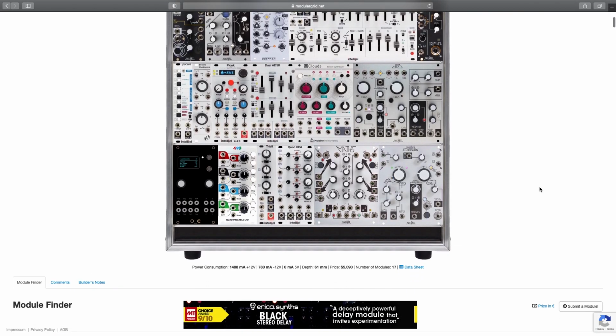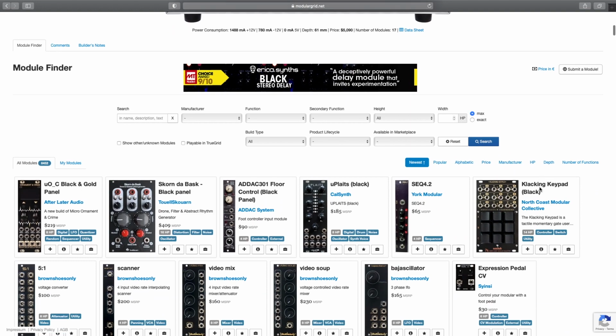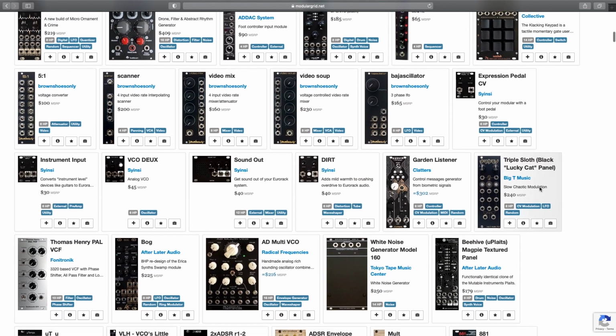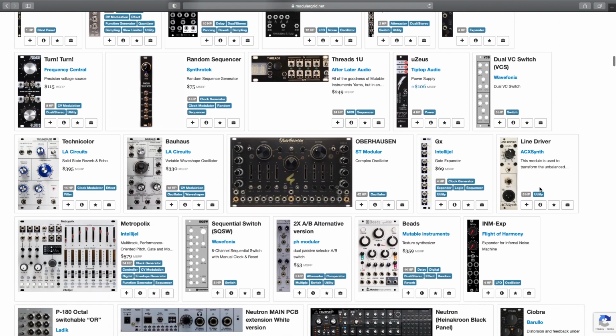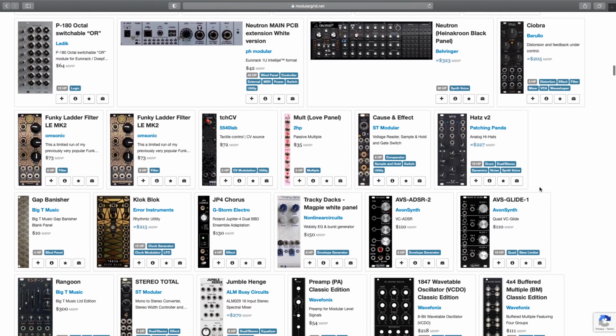So a couple of other resources out there for modular synth to consider. One that hopefully you already know about is modulargrid.net. This is a website that has an incredible amount of resources for mapping out and designing your modular system. It's also just great for looking up modules.